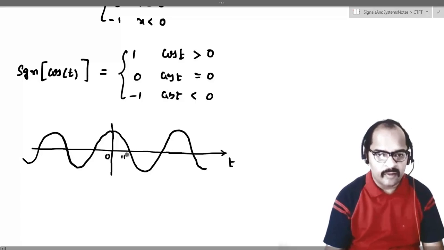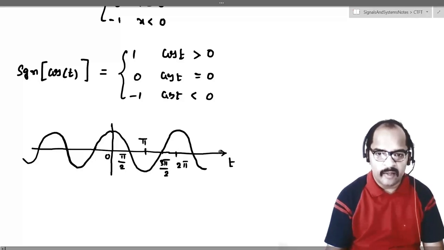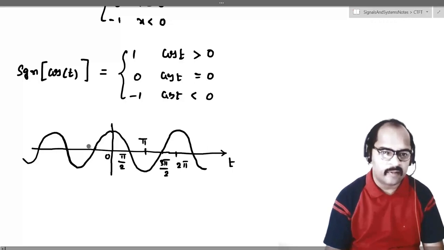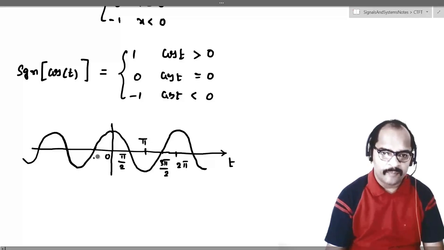This is 0, this is pi by 2, here you have pi, this is 3 pi by 2, and here you have 2 pi, and this process continues. In negative time also, this is minus pi by 2, minus pi, minus 3 pi by 2, minus 2 pi, and so on.